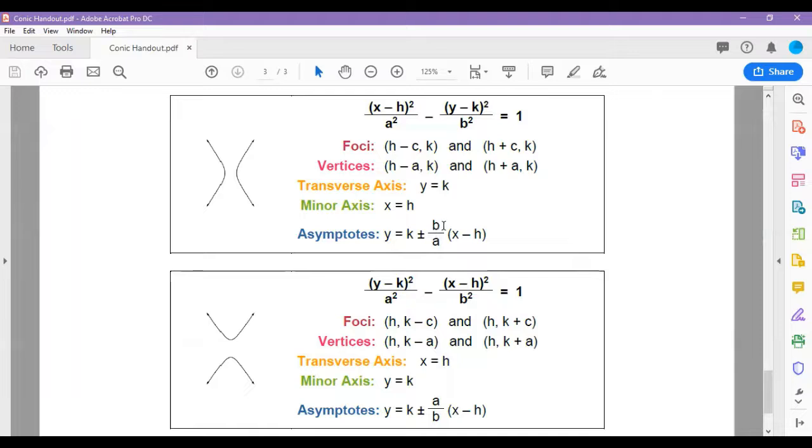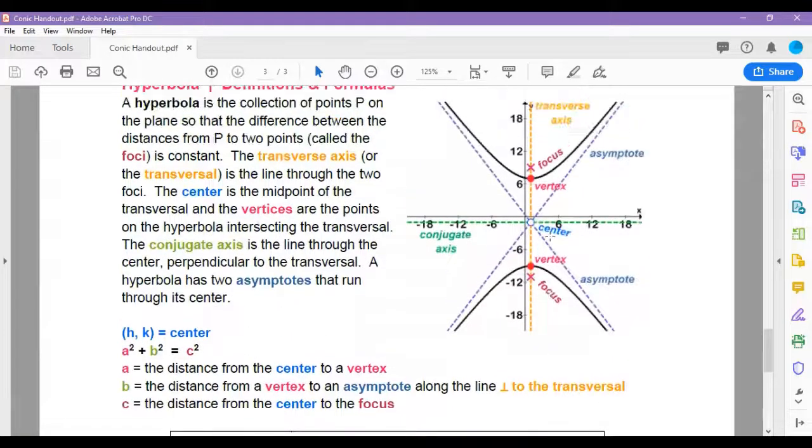So here we have our rise is B, and A is the run. So you still find B by using the slope of the asymptote. However, you want to be careful, because whichever axis comes first flips what that slope looks like in this formula.